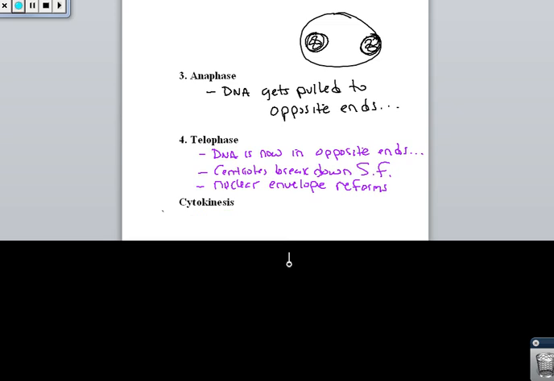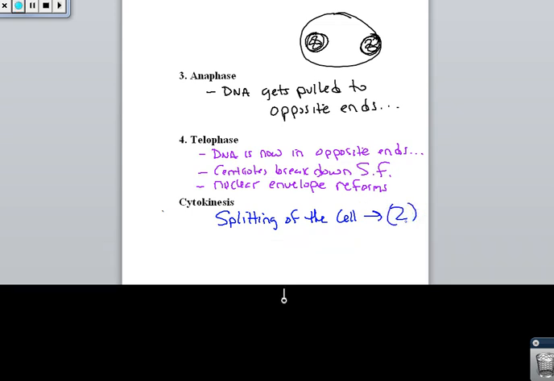Cytokinesis is the splitting of the cell. It forms two new cells, and these are called daughter cells. What happens is something called a cleavage furrow forms in the middle of the cell.